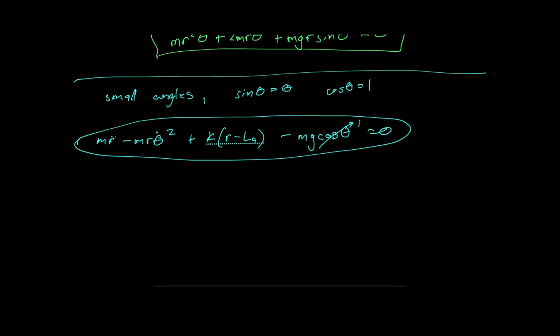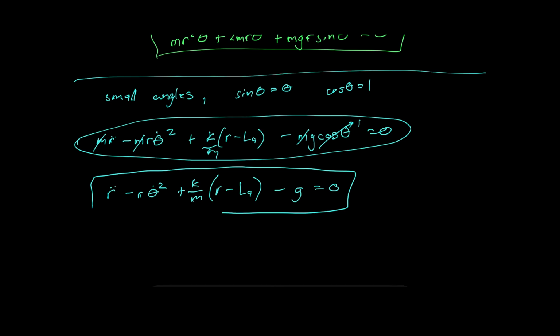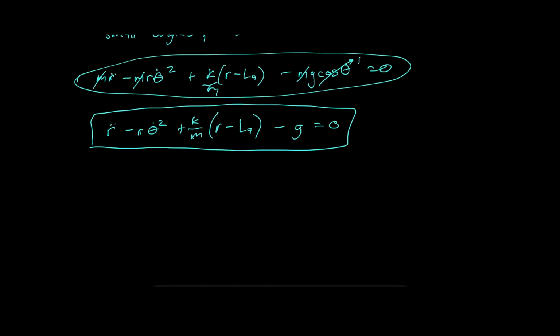So we'll rewrite that: r double dot minus r theta dot squared plus k over m, our good friend that we know and love, times r minus l a, minus g equals 0. So this is our new equation for small angles.